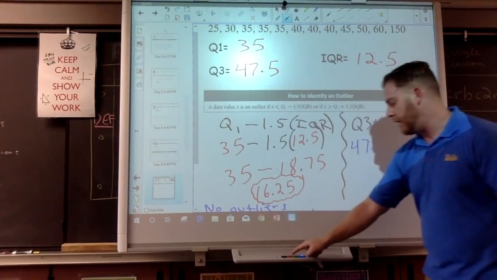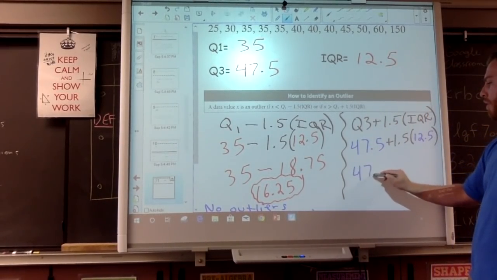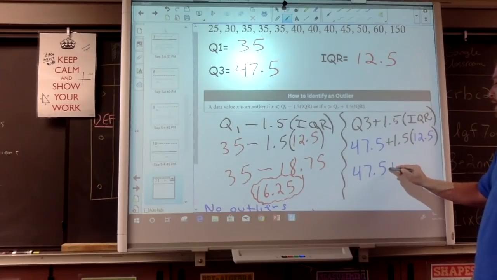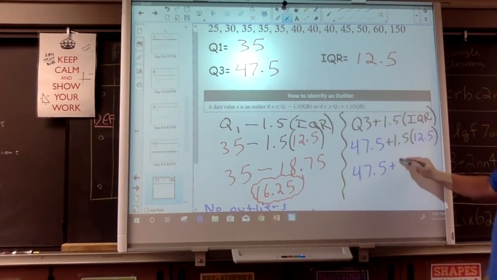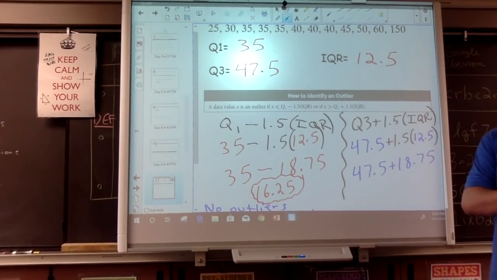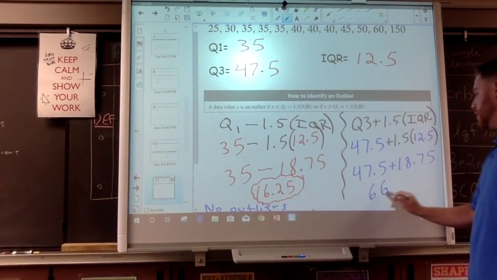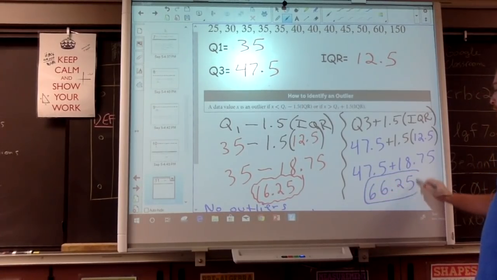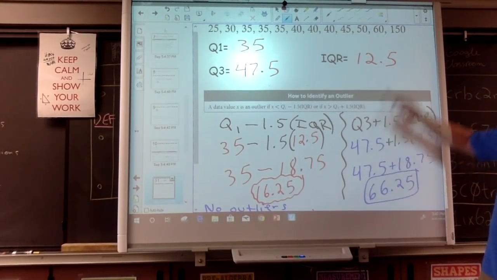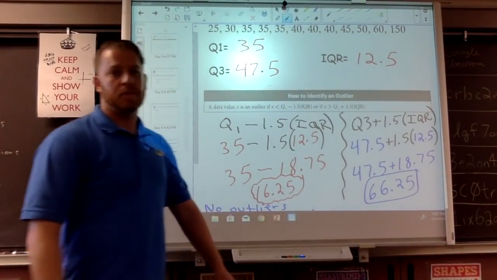So let's go ahead and use our calculator again. 47.5 plus, again, 1.5 times 12.5 is 18.75. And make sure that you all use your calculators here. And we're going to get 66.25 as our outlier boundary. Do we have any numbers up here that are greater than 66.25?